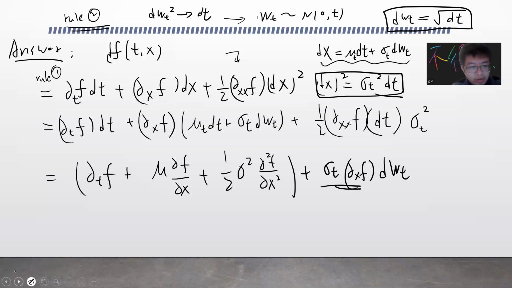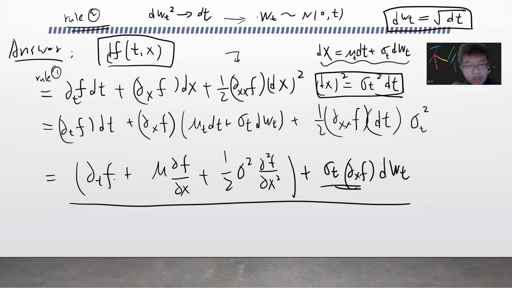So yeah, this is the result. Basically df is this, and this is basically the Ito formula, so you need to remember it. This derivation is obviously not rigorous, but it's fine. We are not doing analytic number theory, so we are good. We don't need to prove something very difficult.